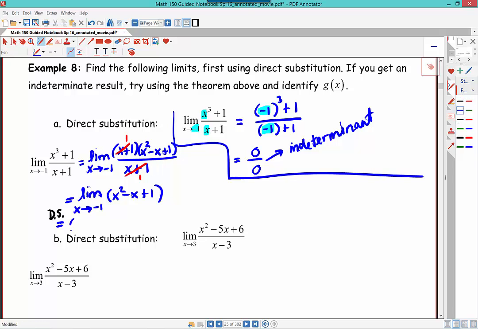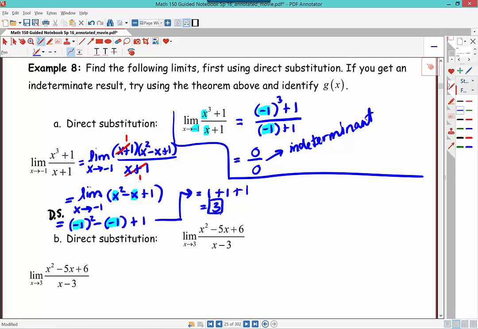We're going to get negative 1, the quantity squared, minus negative 1 plus 1. We'll get 1 plus 1 plus 1, which is 3. And as you recall on that one problem, that's the limit that we got graphically.